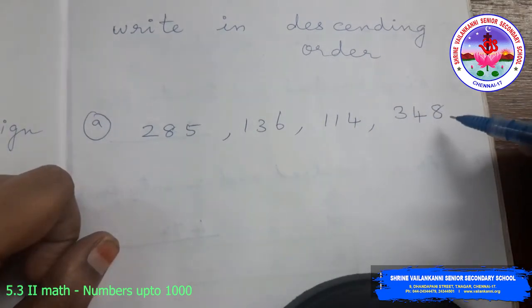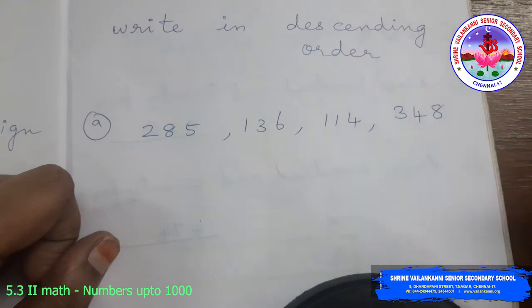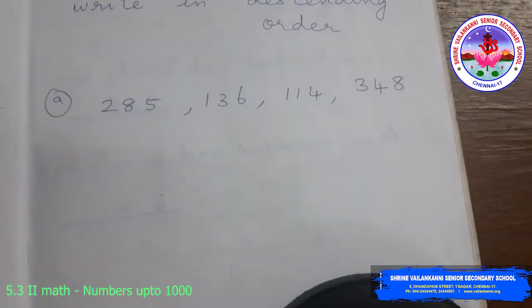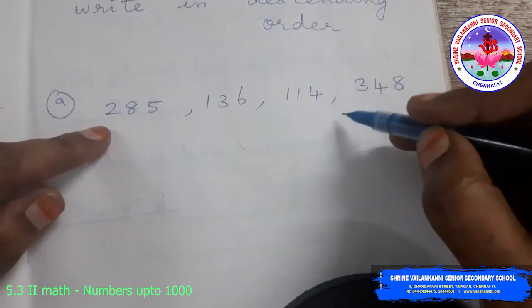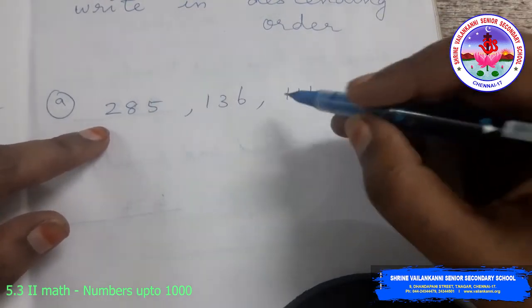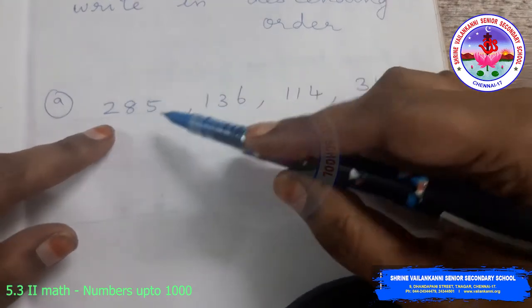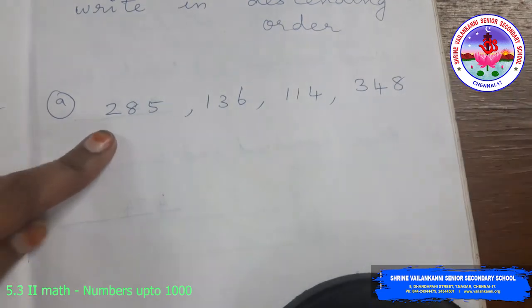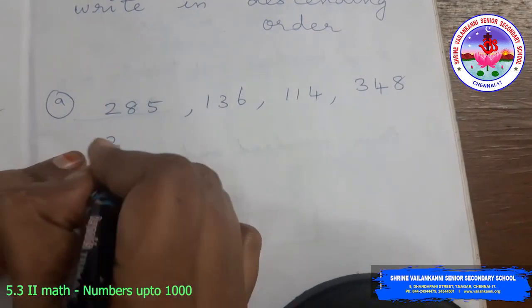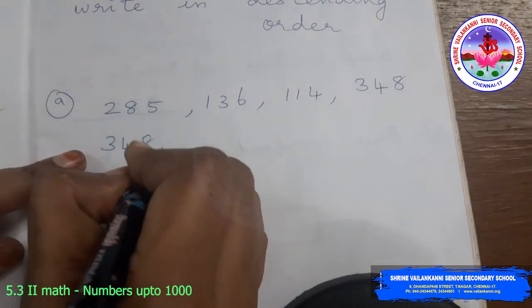Number of digits the same. So we'll check the digits in the hundreds place. 3, 1, 1, 2. Which is bigger? 3. So we'll write that number down, 348.